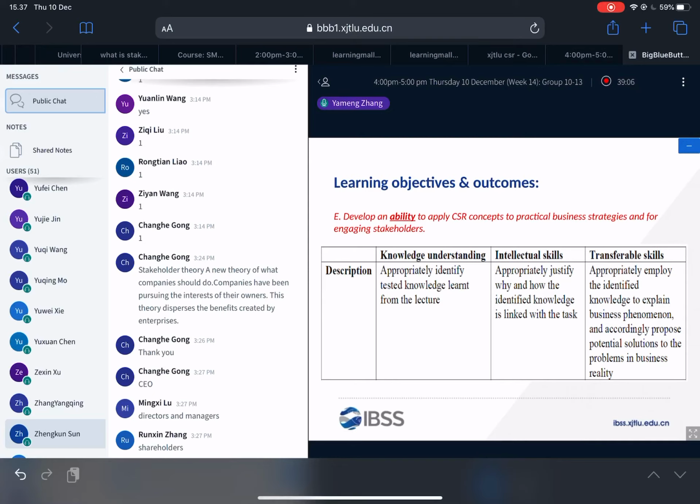First of all, you need to identify appropriate knowledge you learned from the lecture and apply this knowledge to explain the business phenomenon. And you should also propose your original ideas to explain the phenomena and propose future action. That is what we wish you can achieve during learning CSR over the whole semester.